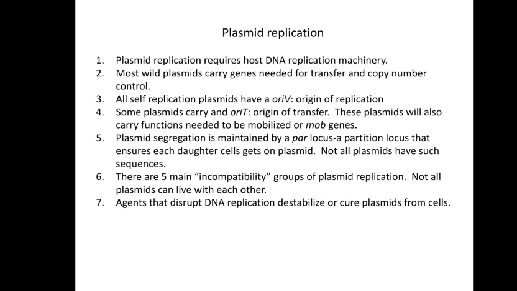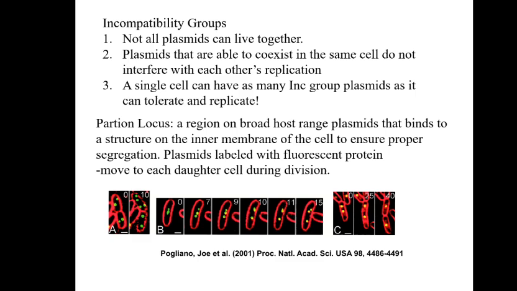Agents that disturb DNA replication or destabilize or cure plasmids from cells are also present. As I have already said, not all plasmids can live together. Plasmids that are able to coexist in the same cell do not interfere with each other's replication. A single cell can have many compatible groups of plasmids as it can tolerate and replicate.